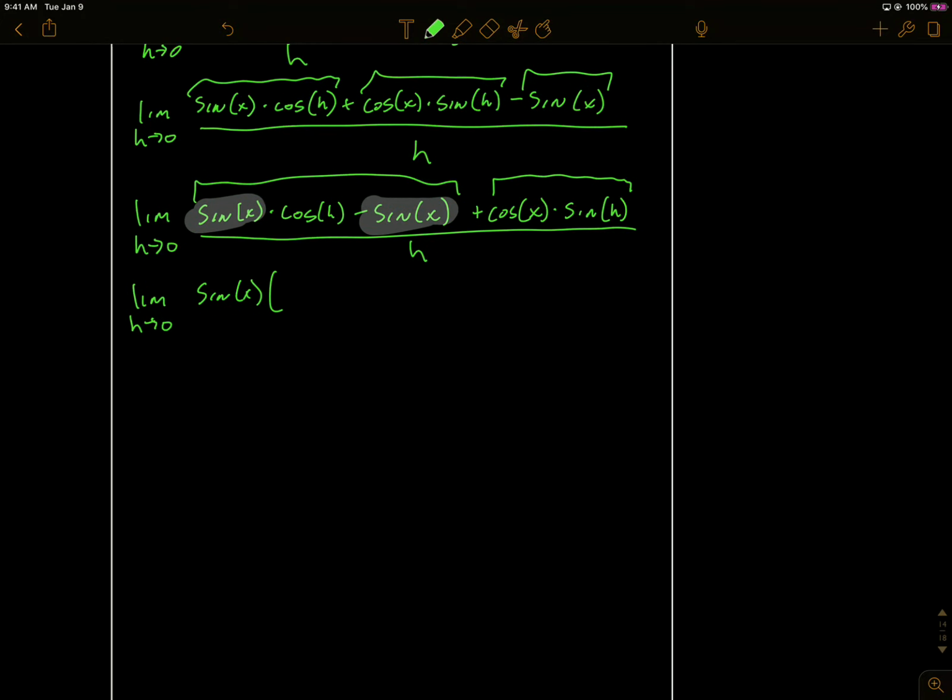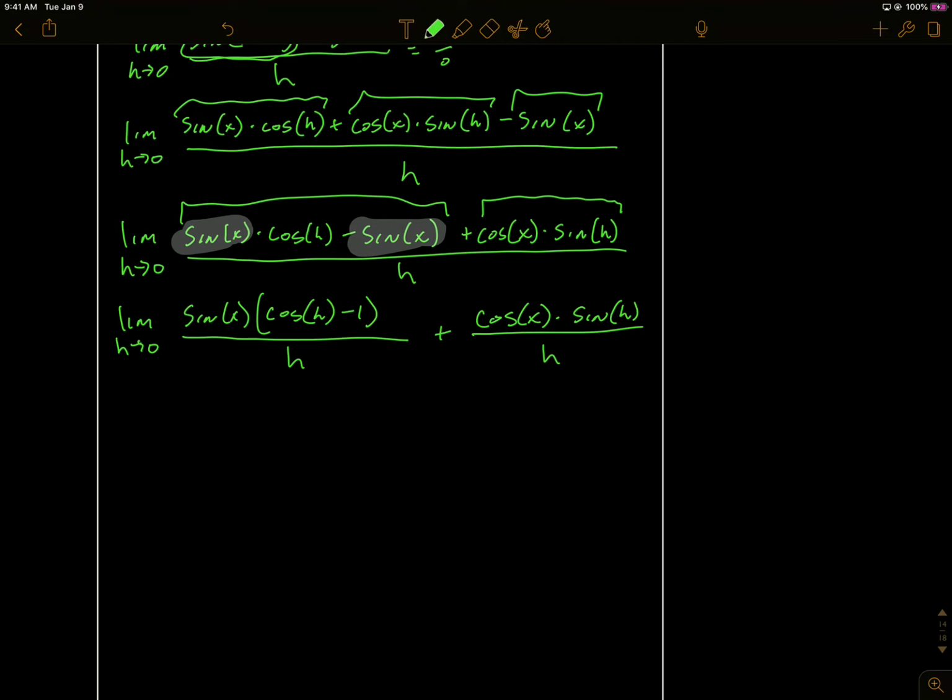Sine of x. So this term over here is just going to be cosine of h minus 1. And that's that first fraction over h plus, over here I'm going to have cosine of x times sine of h over h.